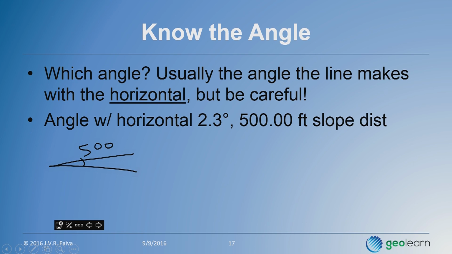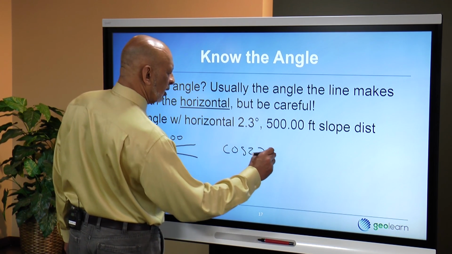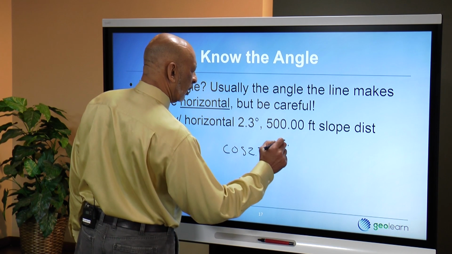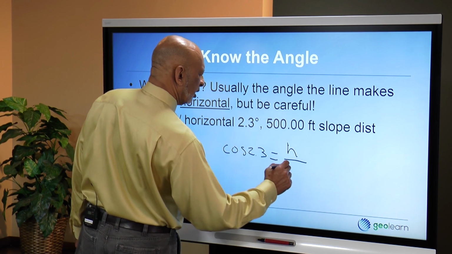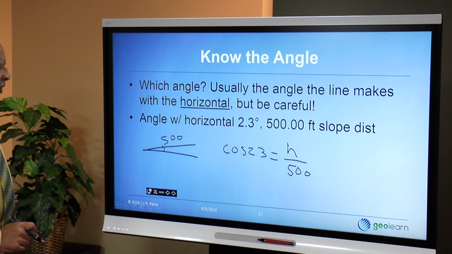So you might think about how I did that in my head. And it's the same problem at this point as the trigonometric solution, because the cosine of 2.3 is equal to the horizontal distance divided by the hypotenuse, because h is the adjacent for the cosine, and 500 would be the hypotenuse. And so you can solve this one.